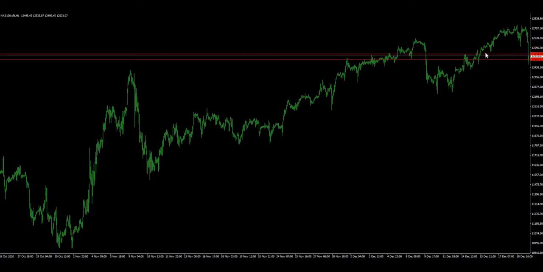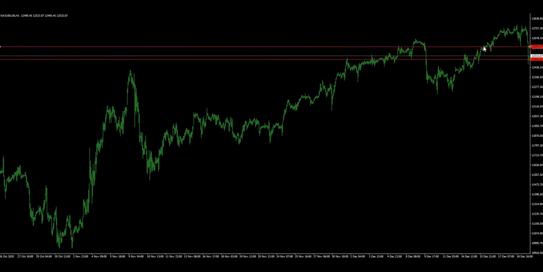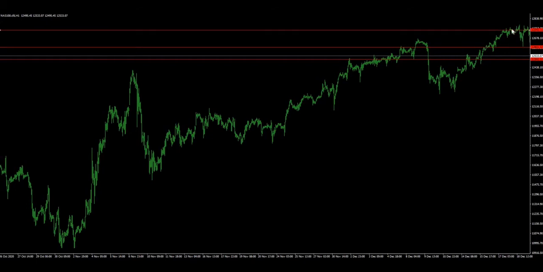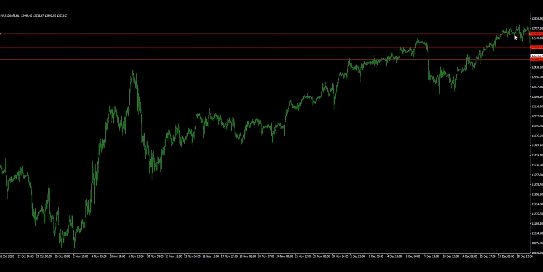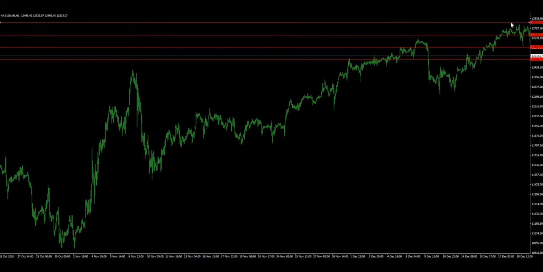So 600 would be somewhere up here. I'm getting close to it, but it's not going to be that easy. Then we have to look for 700. 700 is around there. Then we go back and look for 800. 800 is close. We can use this as a place for that.